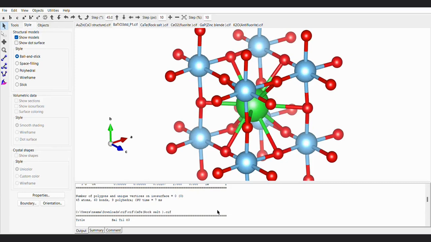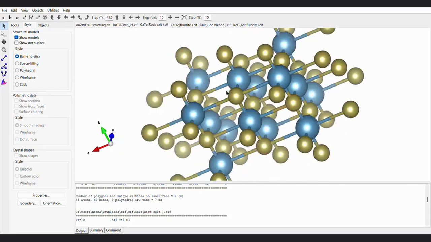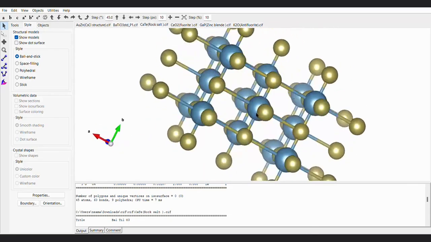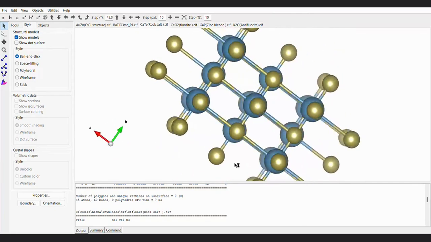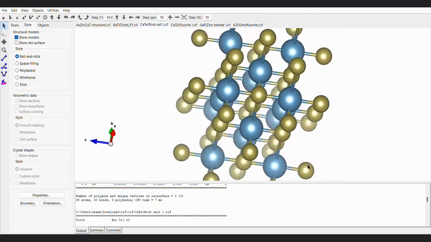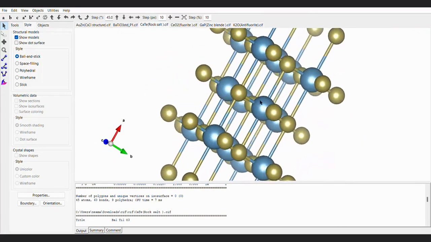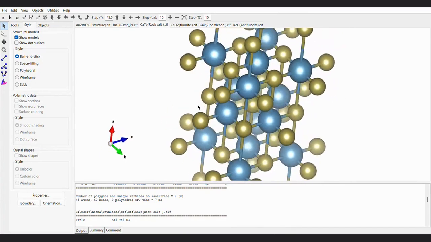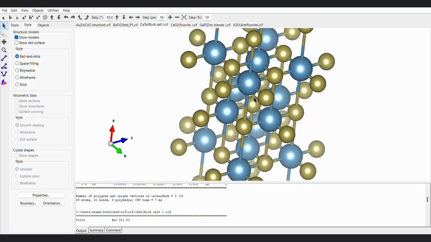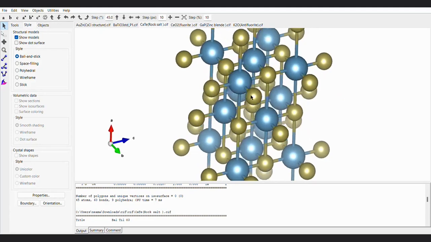The first compound we made using software VESTA is that of calcium telluride, CaTe, which resembles the rock salt structure. The structure looks like this, in which we see each calcium atom is coordinated to 6 tellurium atoms forming a 3D arrangement, which is similar to NaCl.